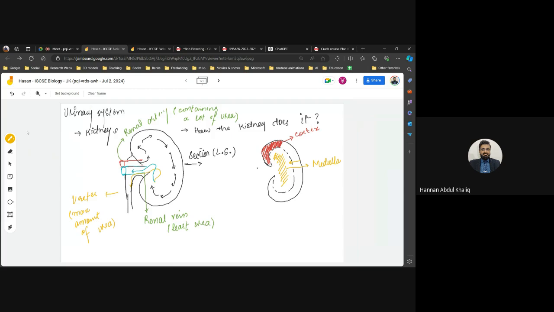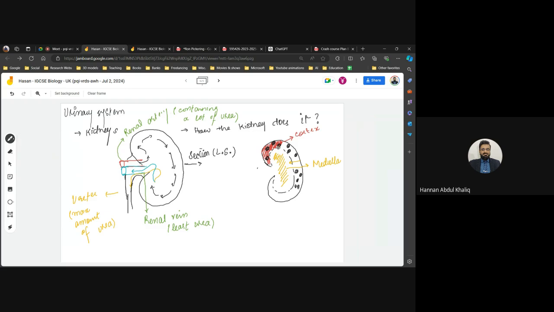Now, if we observe it under the microscope, we see some circle-like thingies, some circular structures in the cortex. Now, what are these? You have to magnify it a bit more under the microscope.